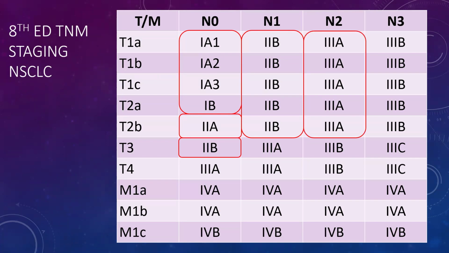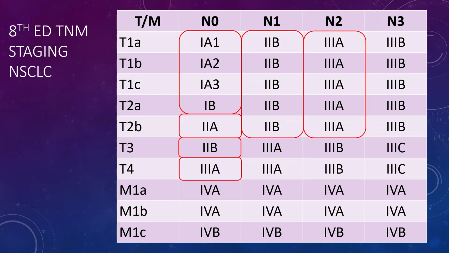If you have a small mass, less than 7 centimeters, with N2 involvement, N2, midline, so your mediastinal and subcarinal, midline involvement, lymph nodes, small mass, that will fall under stage 3A. Or if you have a T4 mass of any size that has involvement of your critical structures, no?